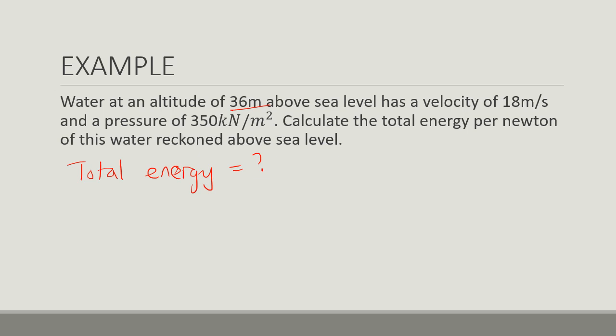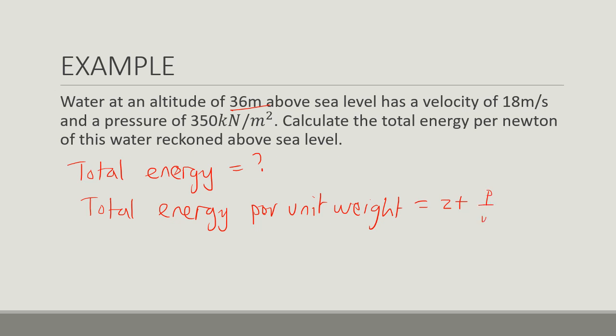We know the formula from the previous slide: the total energy per unit weight is equal to Z, that's the potential head, plus the pressure head, which is P over W, plus V square over 2G.